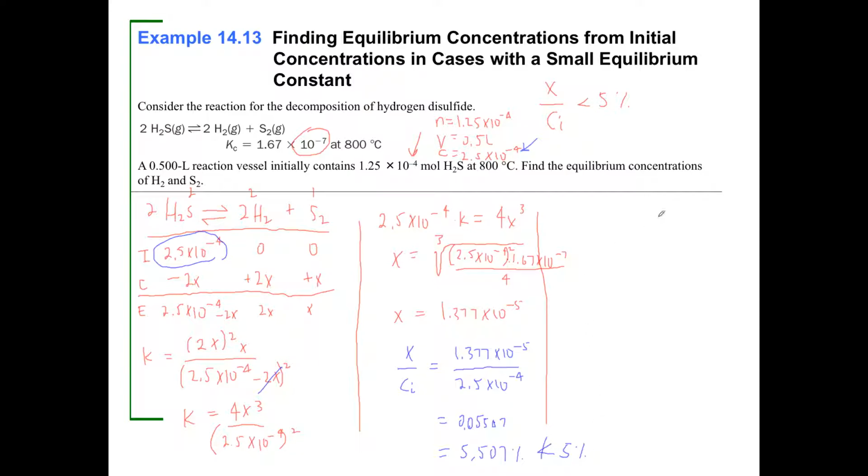Okay, so we would say that this assumption is not valid. So what do we do if that's the case? Well, if that's the case, what I'm going to do is take this estimate of x.